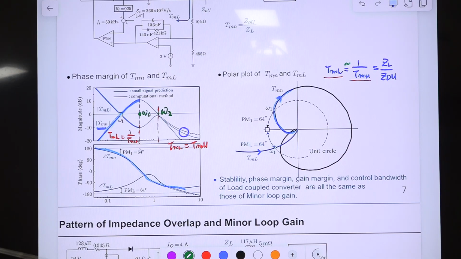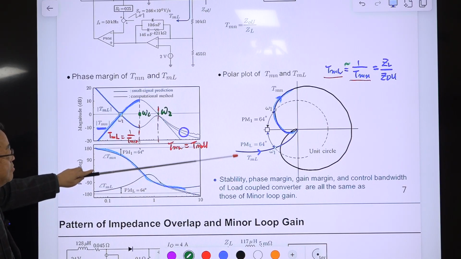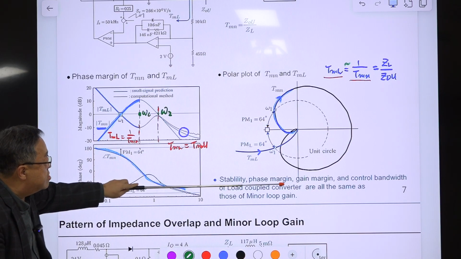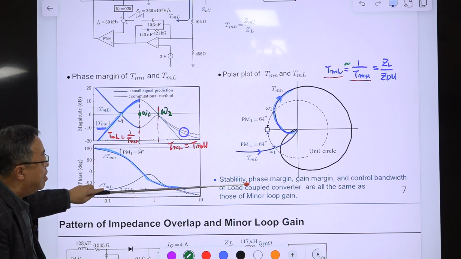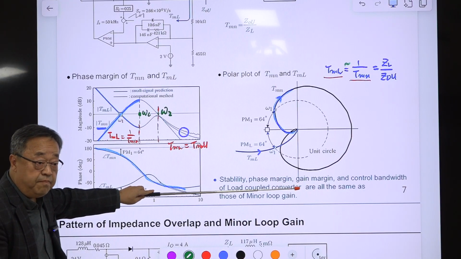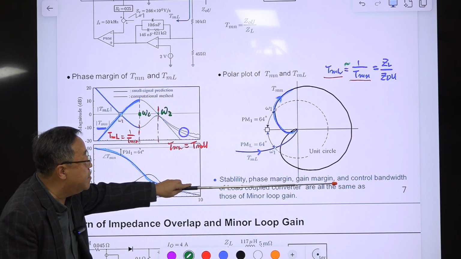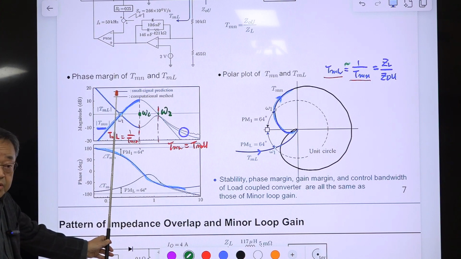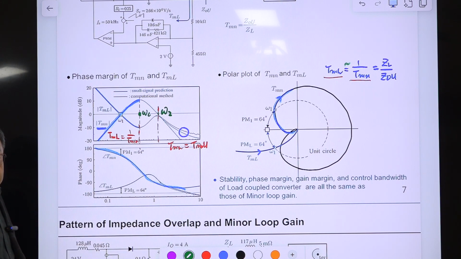Understand this? The stability is the same, because it has a stability margin here and here. So stability is the same, phase margin is the same, gain margin is the same. And what is this omega 1? This is the crossover frequency of the loop gain of the load-coupled converter, which is the same as the minor loop gain.